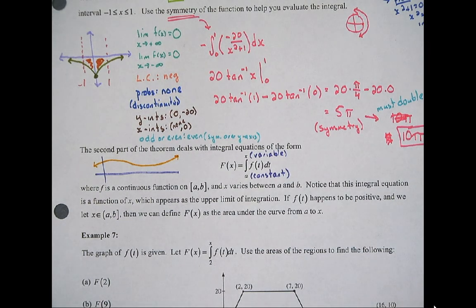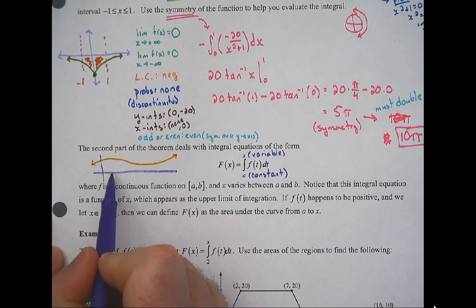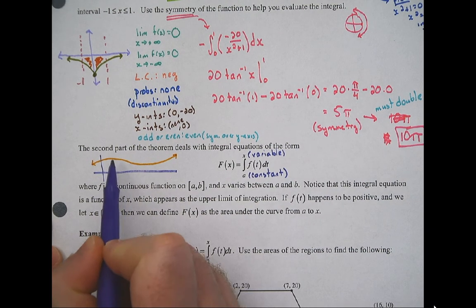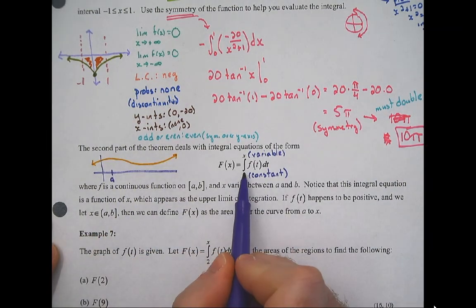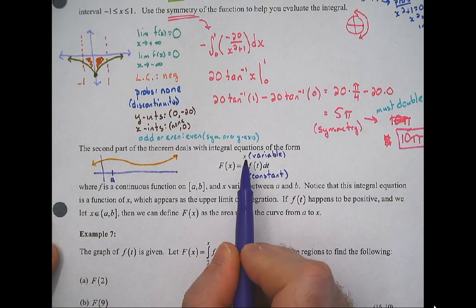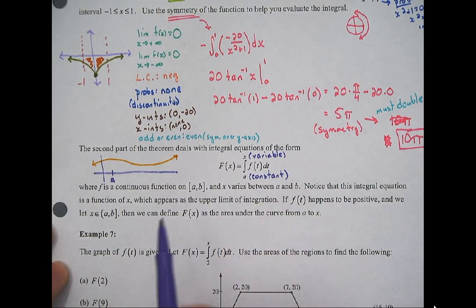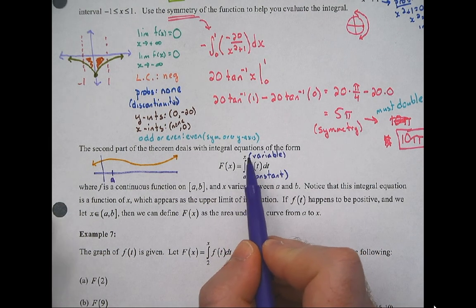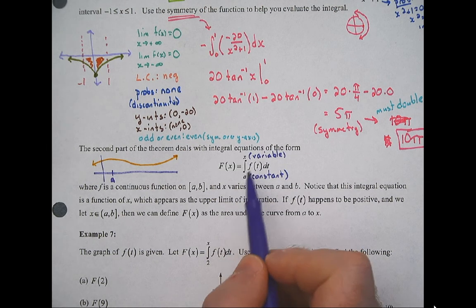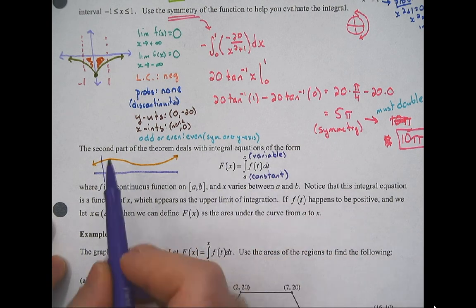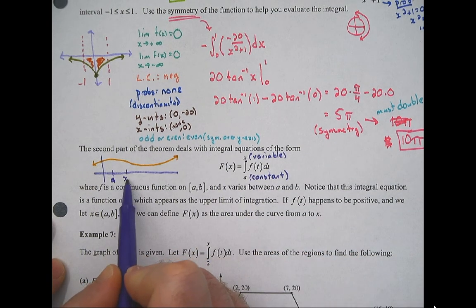And our boundaries, so this is going to be A. What's going to happen here is you're going to be able to have a bunch of different x values. So the area underneath the curve is going to change depending on what you put in for x. So this is going to give me a whole new function that's based on these areas. Like, let's say my first x is here.